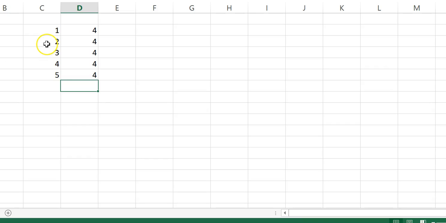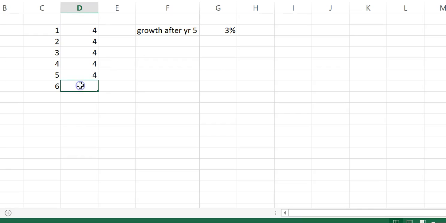So basically, starting in year 6 and going forward, I'm going to write the growth rate after year 5, and that growth rate will be equal to 3% per year. So that implies that the free cash flow in year 6 will be equal to free cash flow in year 5 times 1 plus the growth rate.